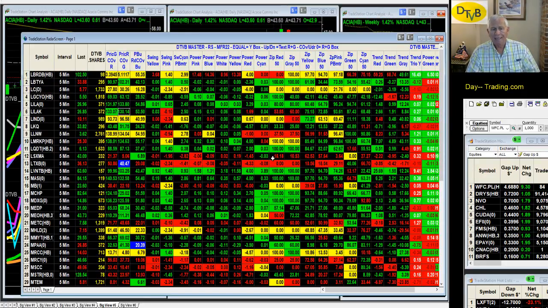Now this is not as valuable on a 5-minute chart as it is on a daily chart. When you get a number of columns lit up in yellow on the daily chart, it means those lines are equal from yesterday to today. And when that happens, you oftentimes get significant movement.